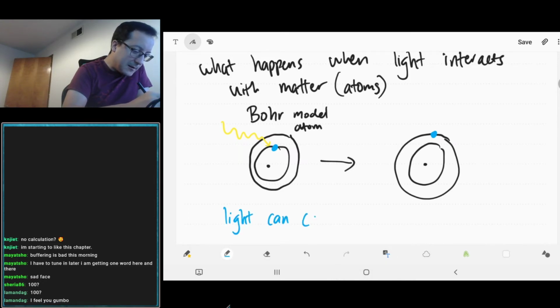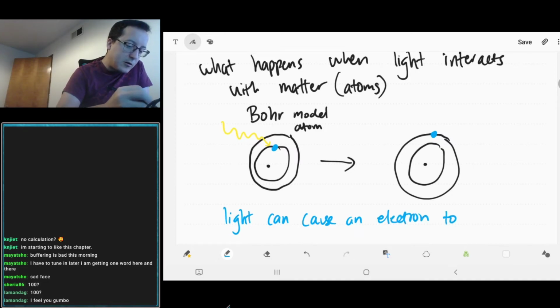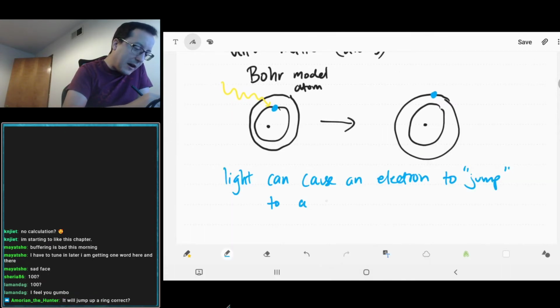Light can cause an electron to jump to a higher orbital.